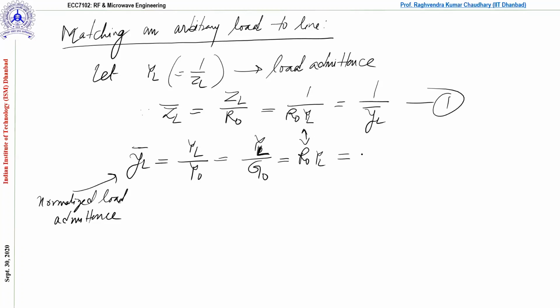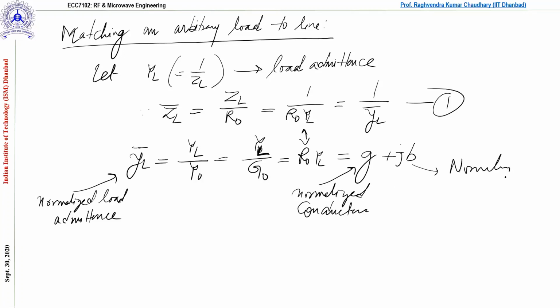Finally we can express it as G plus jB, like we represented R plus jX earlier. In a similar way here we can write G plus jB, where G is the normalized conductance, whereas B is the normalized susceptance.